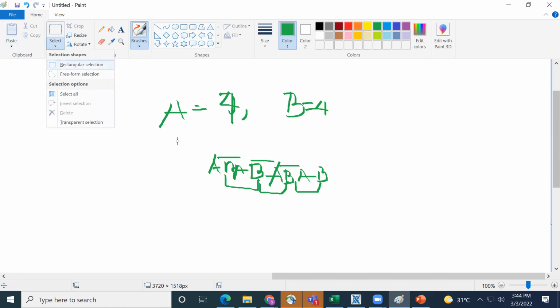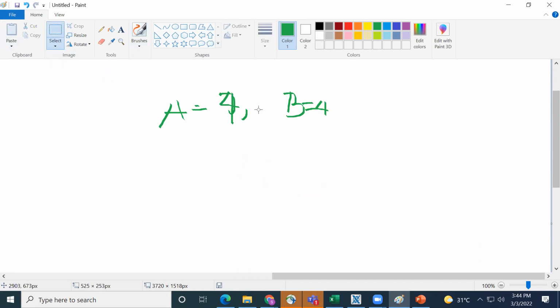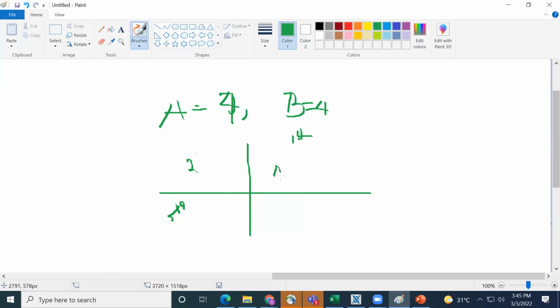Second point is common centered. Common centered means first quadrant equal to third quadrant, and second quadrant equal to fourth quadrant. So if A equal to 4, B equal to 4, you keep A, then B. This is second quadrant equal to fourth quadrant.